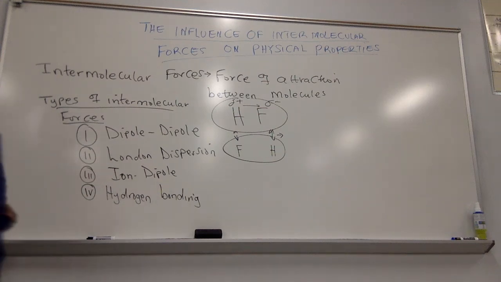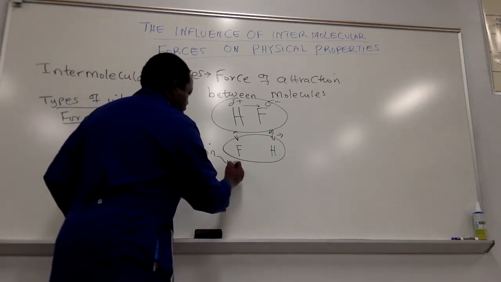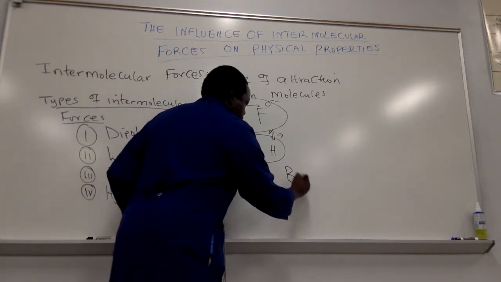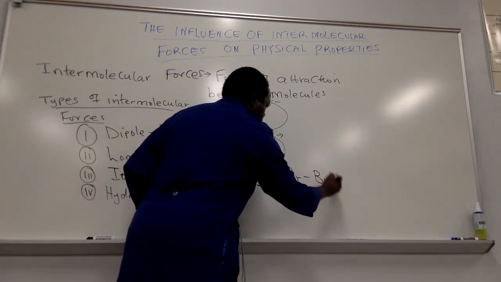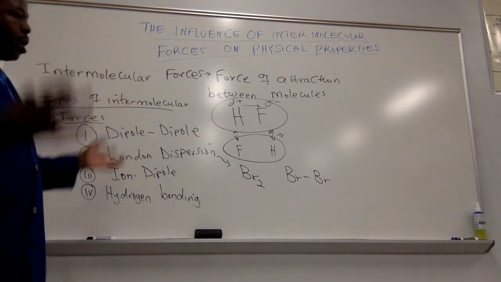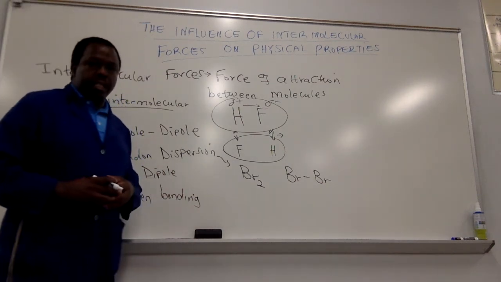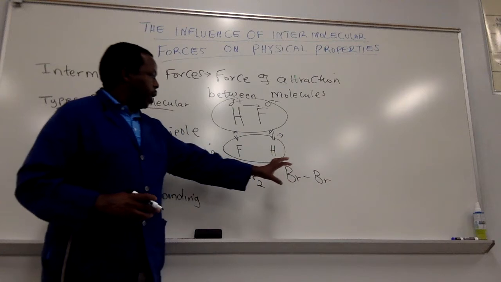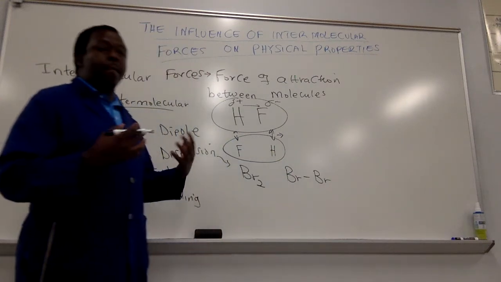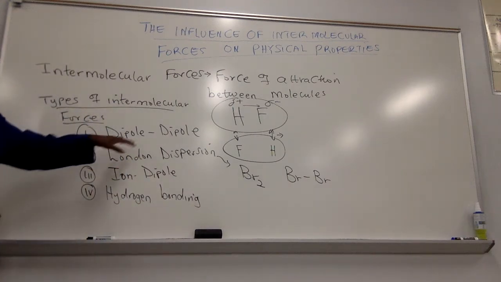For non-polar molecules such as bromine, Br2, the electrons are shared equally. All right, and at some point, because electrons are moving around the nucleus, there is delocalization of electrons in such a way that electrons might be pulled toward one side of the molecule temporarily. That will create an induced dipole.